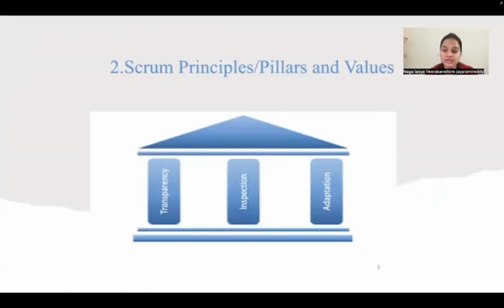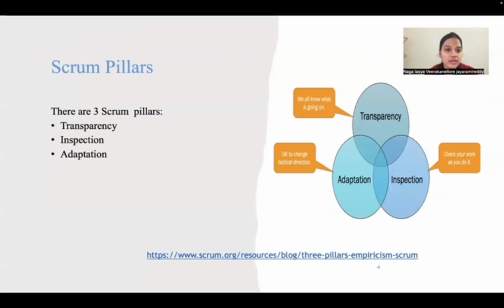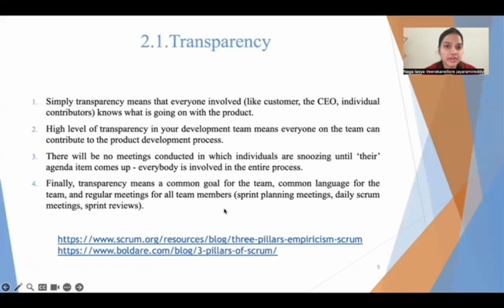Next, Scrum principles, pillars, and values. Generally, there are three Scrum pillars that include transparency, inspection, and adaptation. Coming to transparency. Transparency simply means everyone is involved, like a customer, individual contributor, client, and the contributors know what is going on with the product.